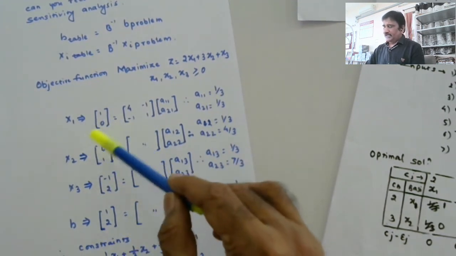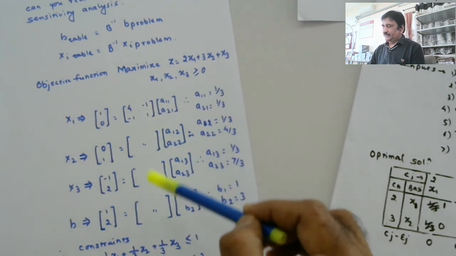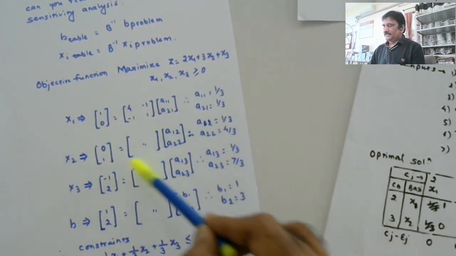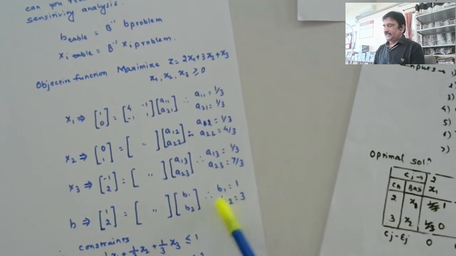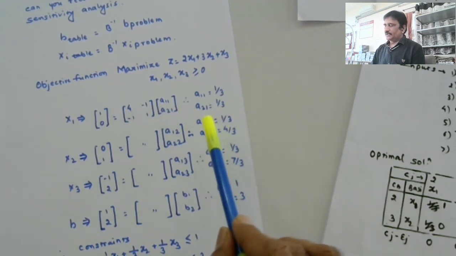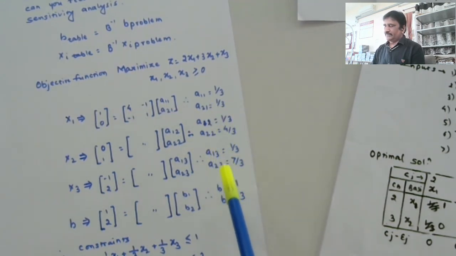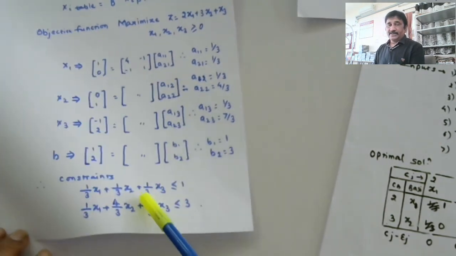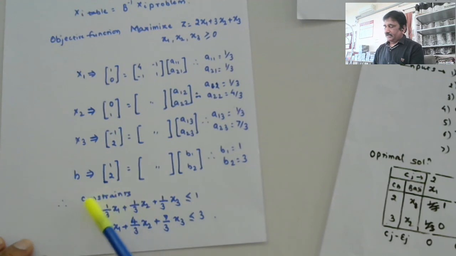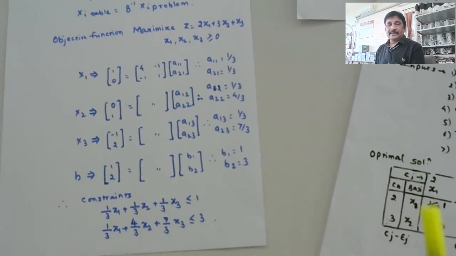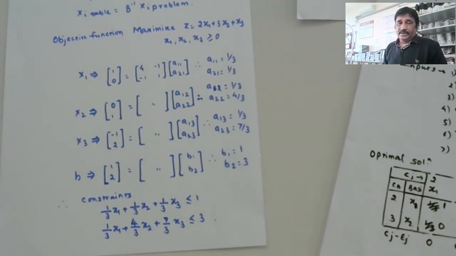These values I am having from the table, and B inverse I know. I'll be solving each set of equations, and I'll be getting the values of a12, a22, a13, a23, b1 and b2, which I finally will be putting in the LPP, and here is how I have recovered the whole problem.